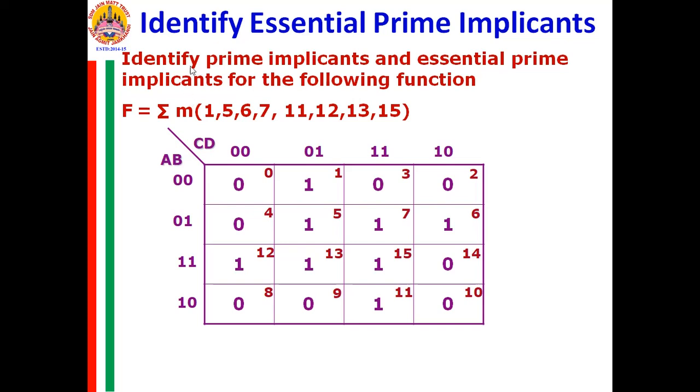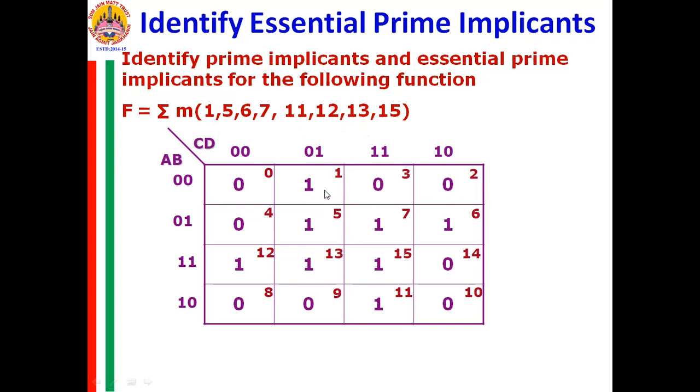Now consider this example where we need to identify all the prime implicants and then the essential prime implicants. The function is given as f equals the sum of minterms 1, 5, 6, 7, 11, 12, 13, 15. It indicates that the function f, of the variables, say, a, b, c, d, evaluates to 1 for 1, 5, 6, 7, 11, 12, 13, 15.